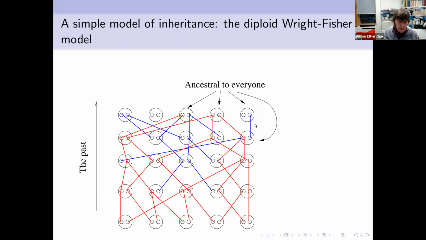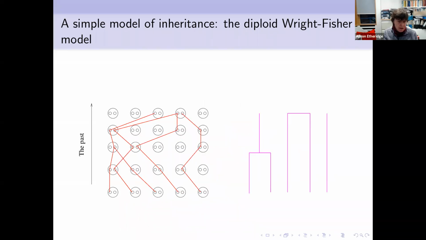And what you can see is that this cyan individual didn't actually contribute any genetic material to the current population, because I've used red to trace genetic ancestry. So although this individual is in the pedigree ancestry, at this particular locus, it doesn't contribute any genetic material to the current population.